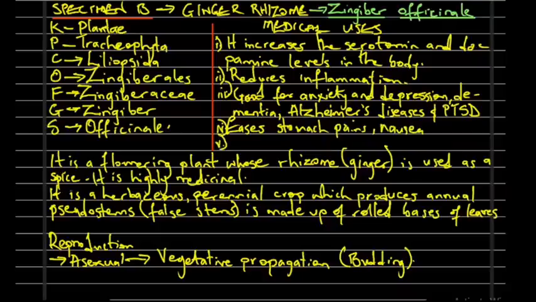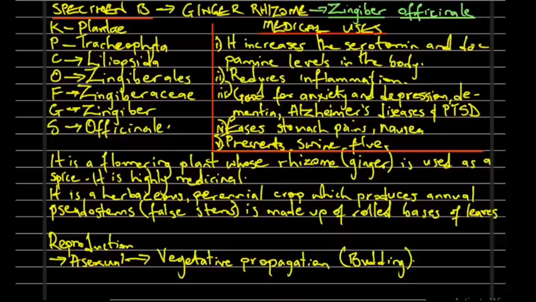Let me add that as the fifth one. It prevents swine flu. So these, amongst others, are so many of the functions of the rhizome. So it is very, very good. It is very, very medicinal. It can be added to our meals as spices. So we should try as much as possible to try them out whenever we have the opportunity to.